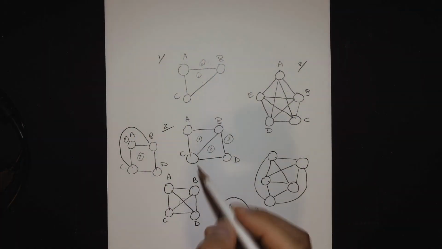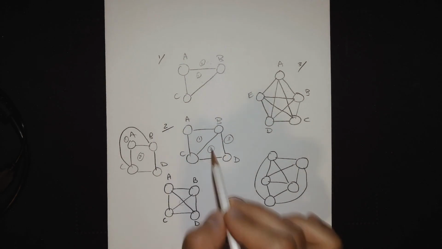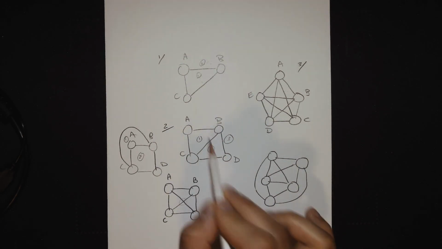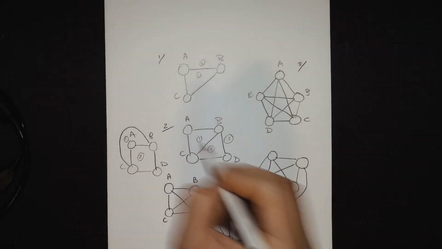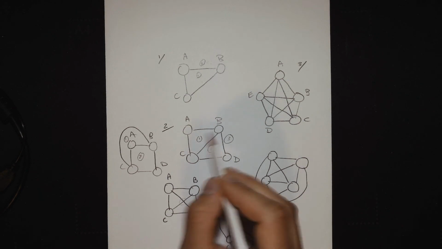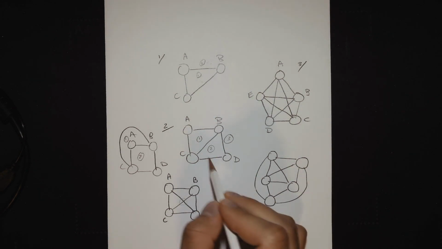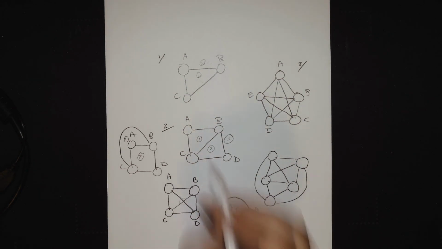In the second graph here, faces 1 and 2 are adjacent because they share an edge, and they both are adjacent to face 3. So all three of these faces, with respect to this planar graph, are adjacent because they each share an edge.